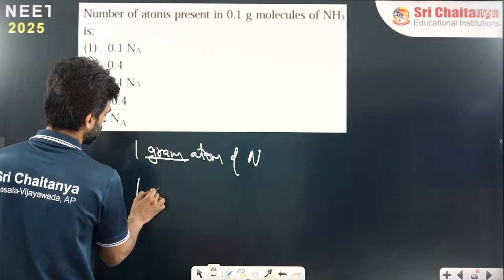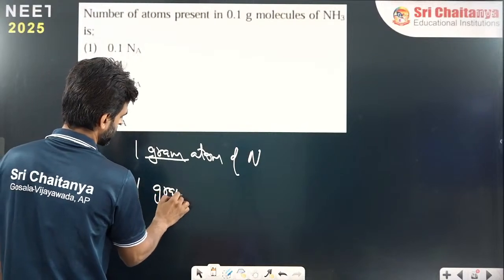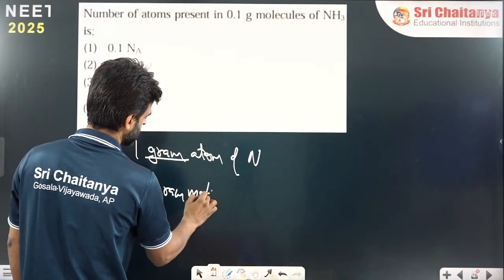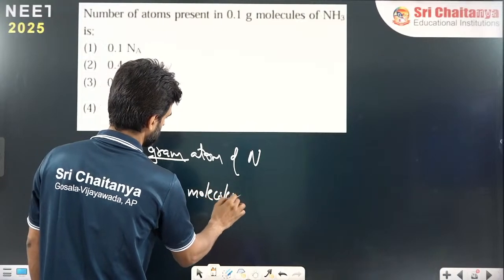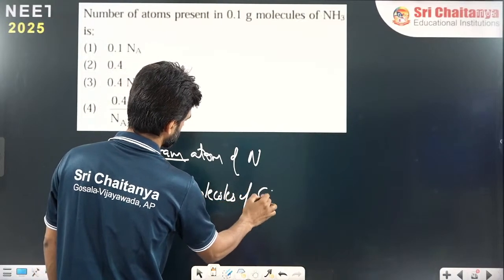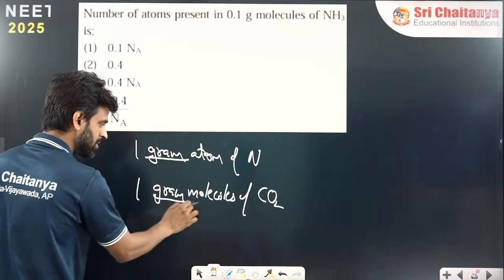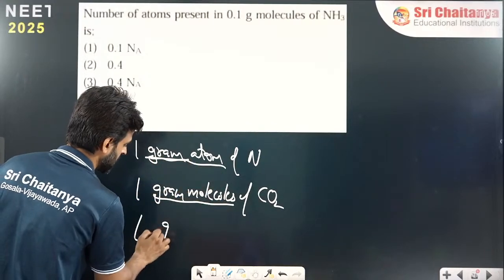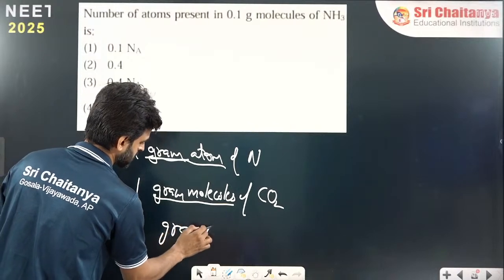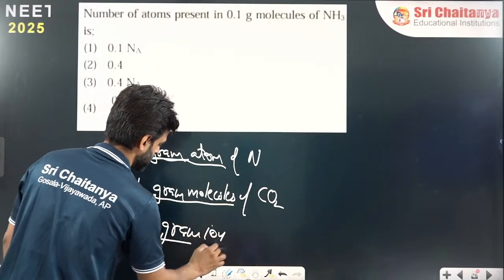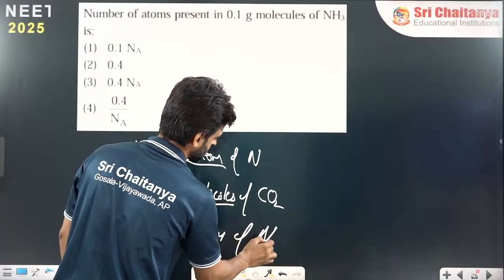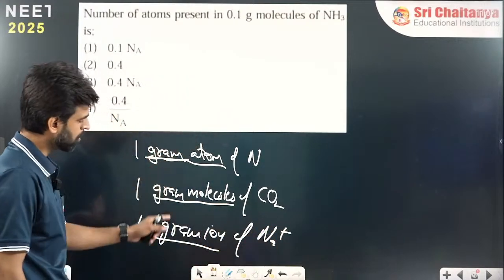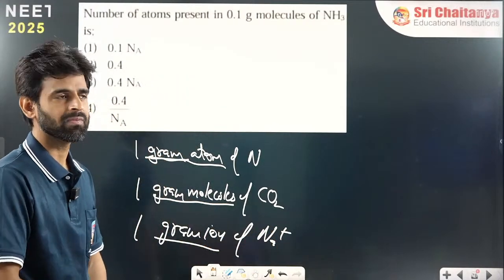Or I can say I have 1 gram molecule of CO2, because it's a molecule. So gram molecule means mole, gram atom also mole. Or I have 1 gram ion of Na plus. So all these mean mole, just said in different ways.